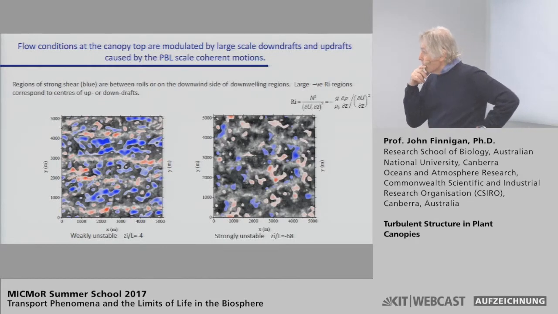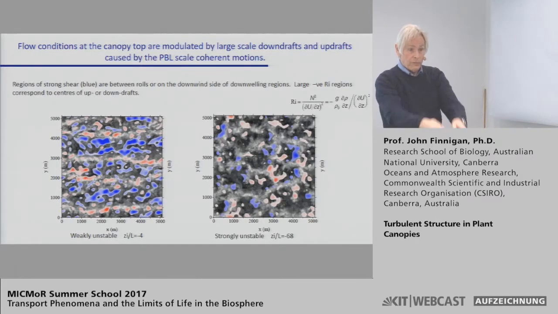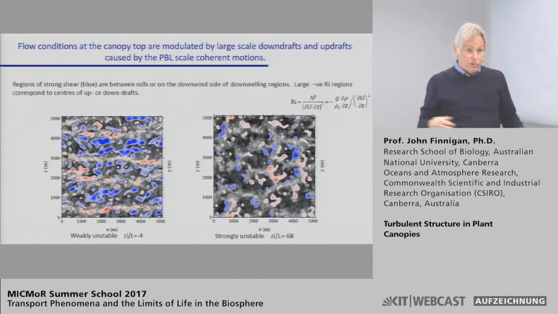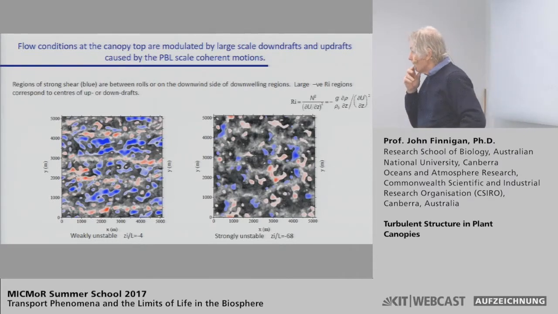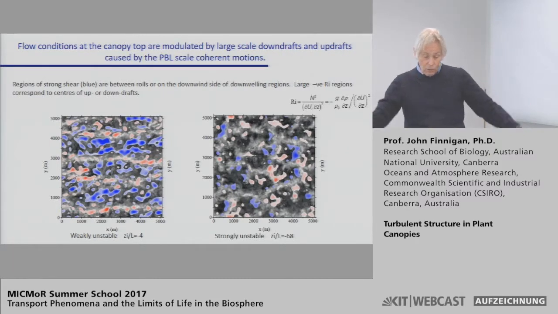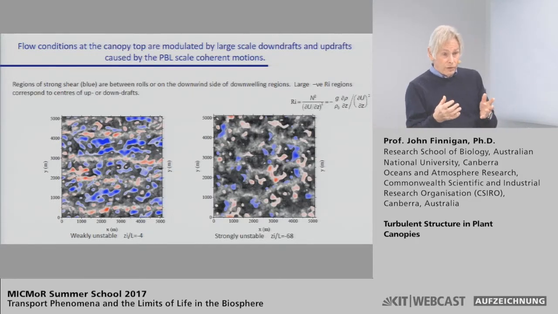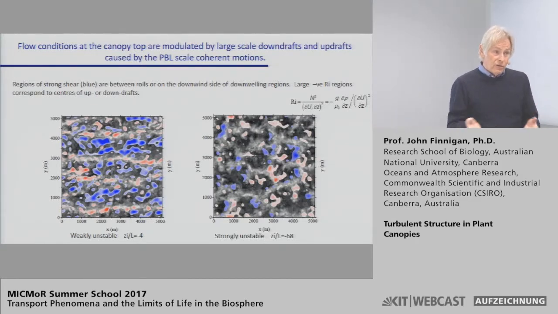So on the left-hand side, what we see is where the rolls are bringing fast momentum down from the boundary layer above, we get strong shear at the top of the canopy, patches of strong shear. And where the rolls are moving up, we get low shear, because the wind's being slowed down by the surface, and it's collected heat.